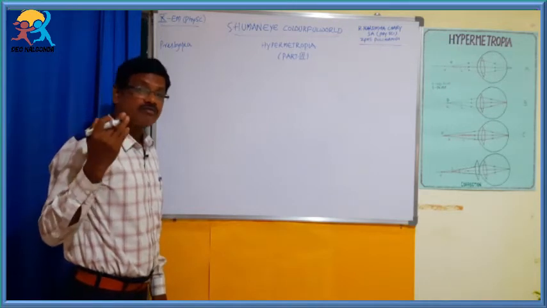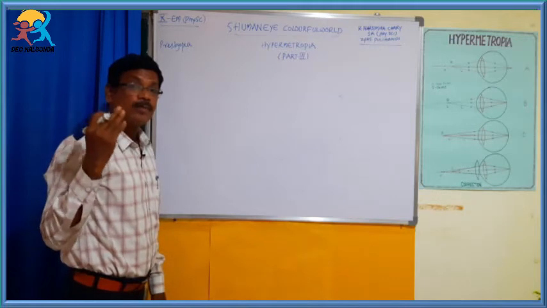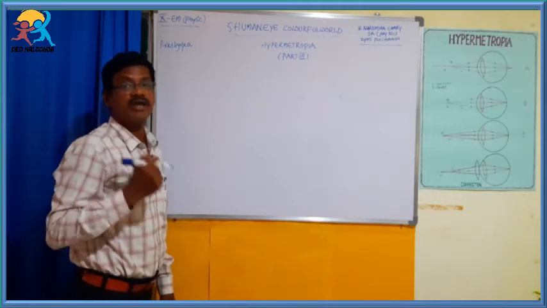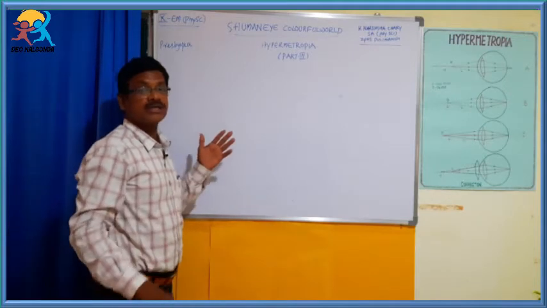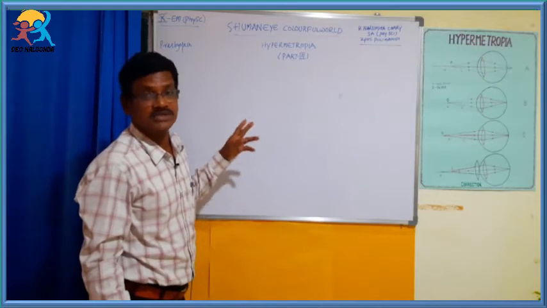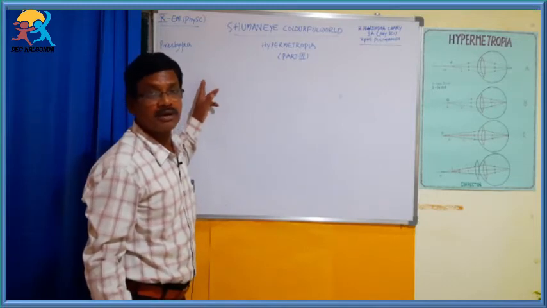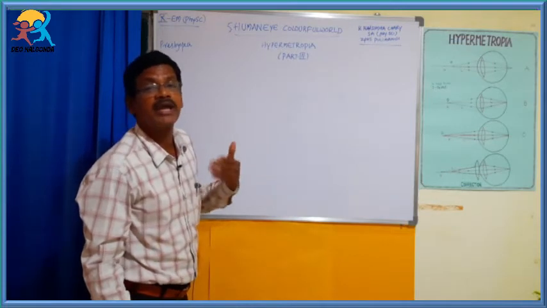For people suffering from presbyopia, the near point recedes away so that objects kept in front of the eyes cannot be seen distinctly and comfortably. This comes with increasing age.